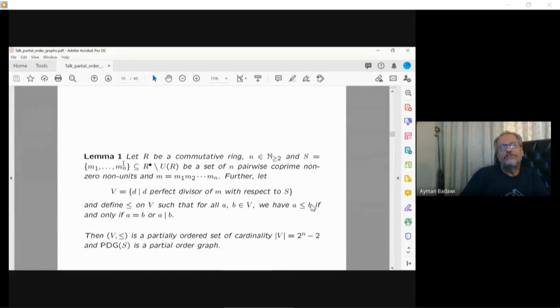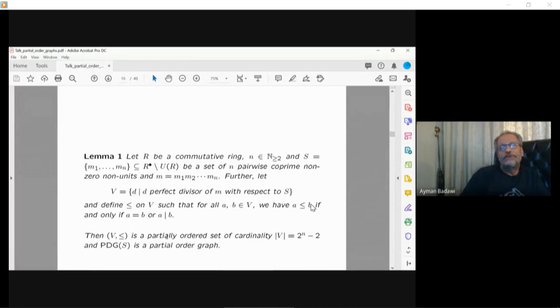And definitely these are distinct and co-prime, which will guarantee that if A divides B, then B will not divide A. Maybe you wonder why we ask for these to be pairwise co-prime: to make sure that we really end up with a partial order graph, because this is the condition for how we connect two vertices.